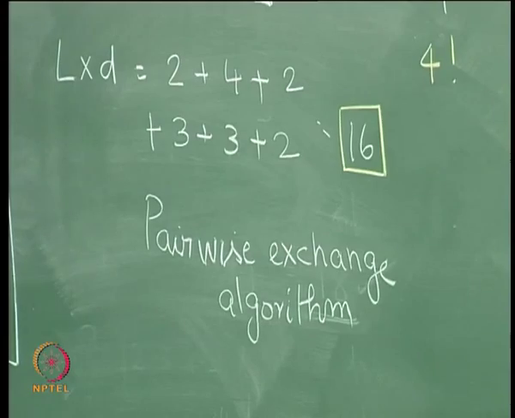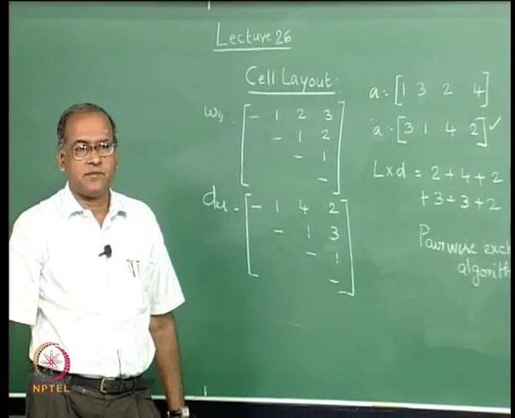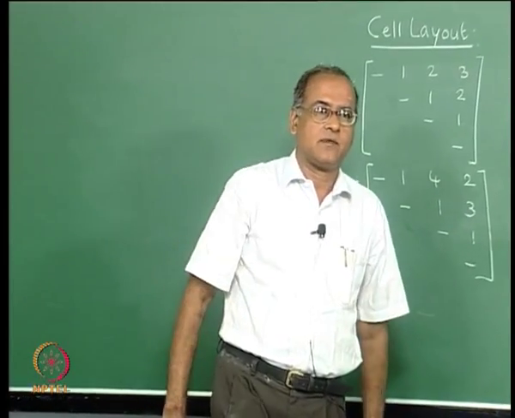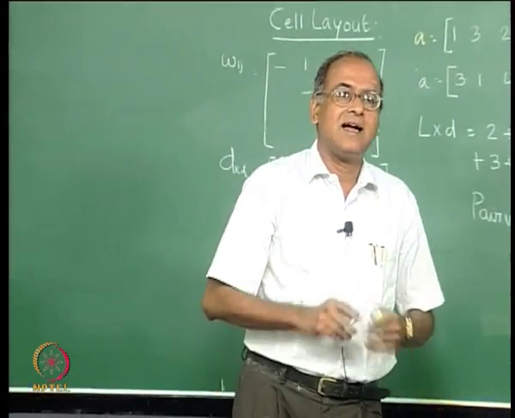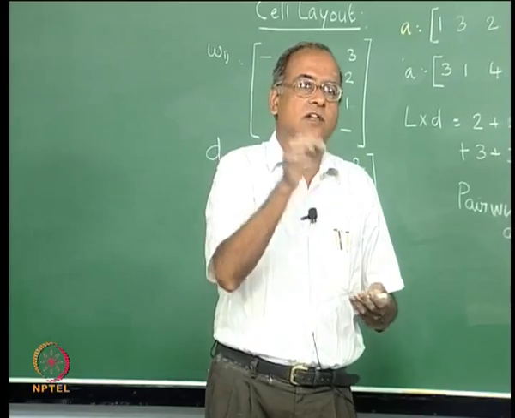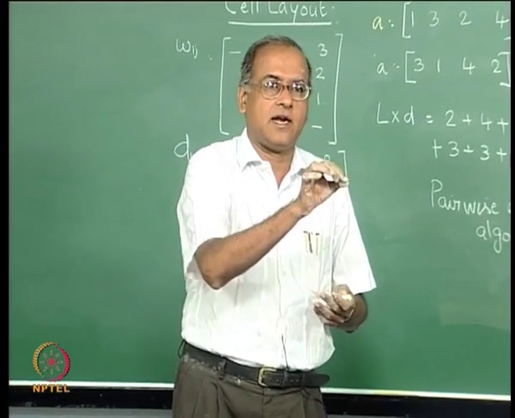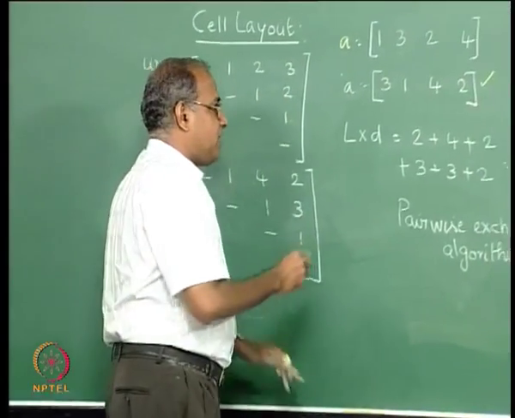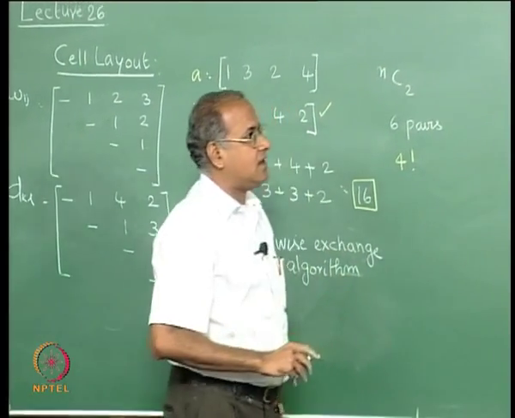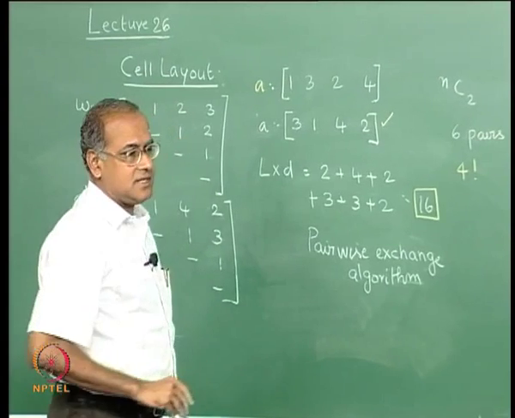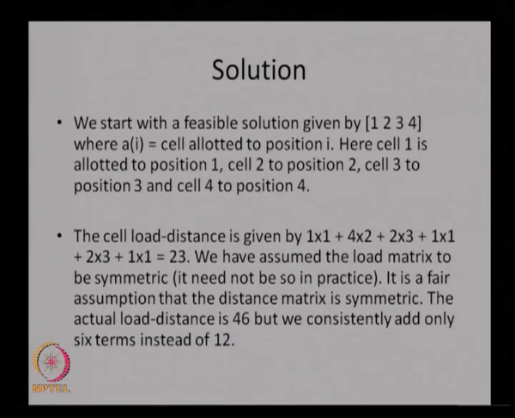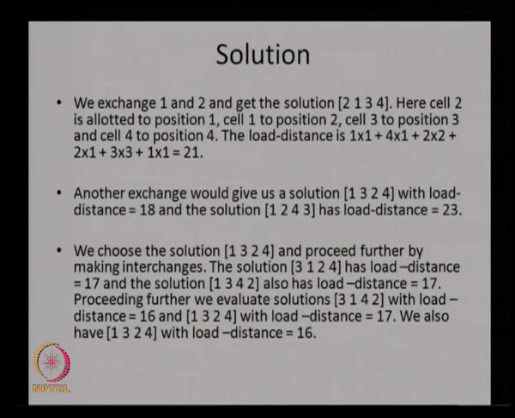When we do one round of pairwise exchange and evaluate 6 solutions, or nC2 solutions, we take the best out of the nC2, we update and we proceed. For example, we started with a solution that had 23 and then we moved to a solution with 21.